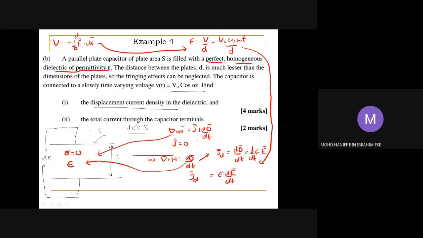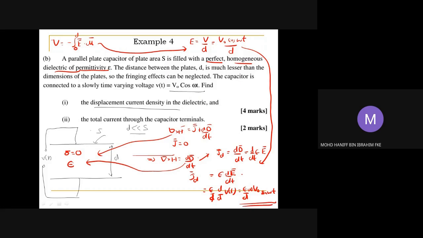Now we need to differentiate the E field with regard to time. Substituting this equation, J_D will be epsilon over d times d over dt of V(t), and that will be epsilon over d times omega times V naught sine omega t.